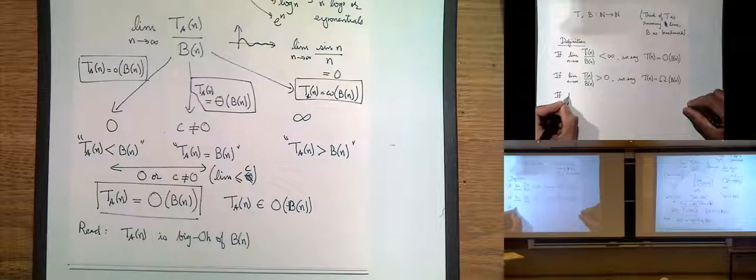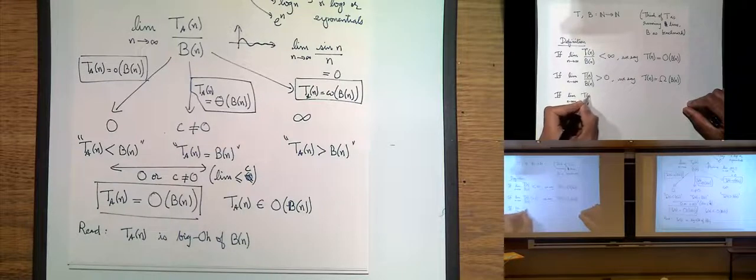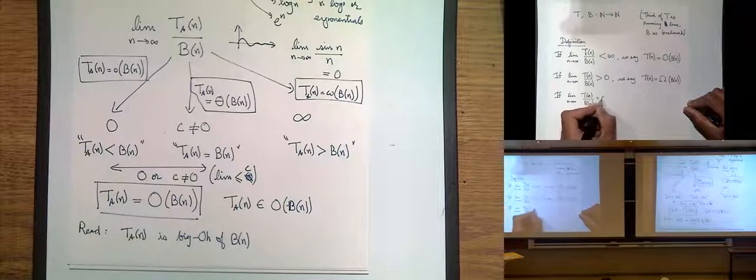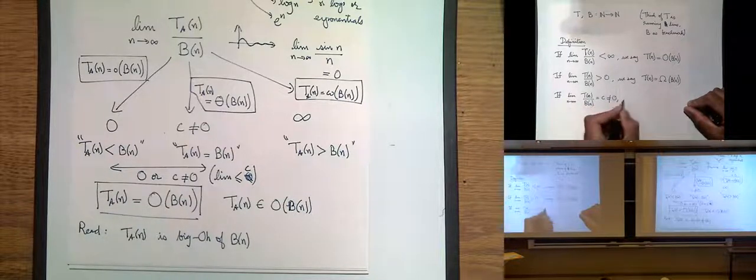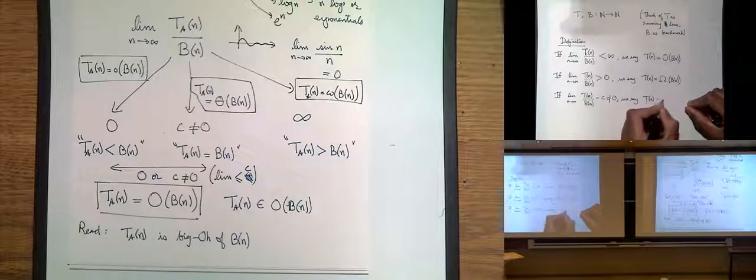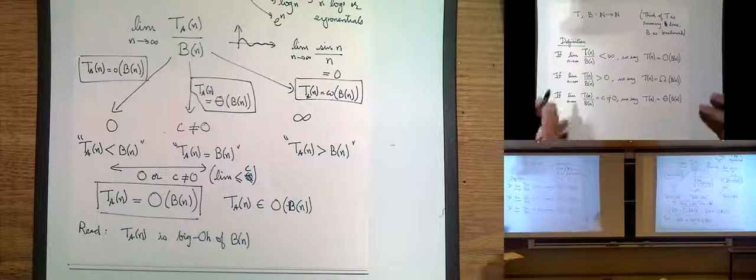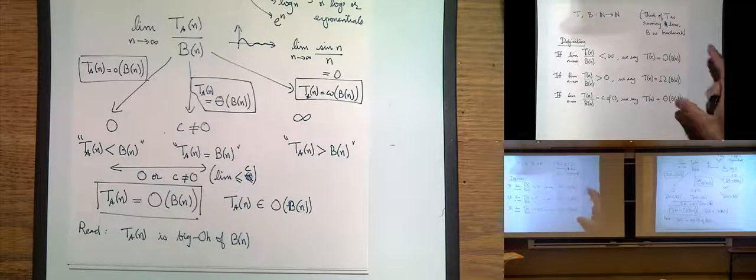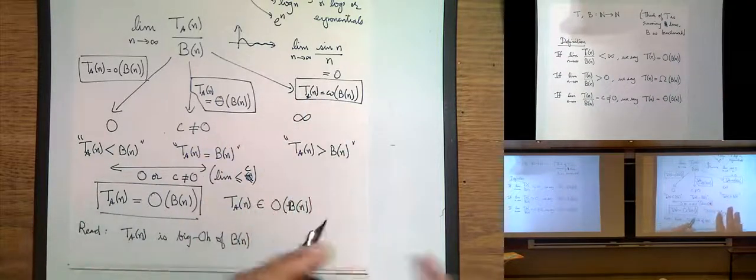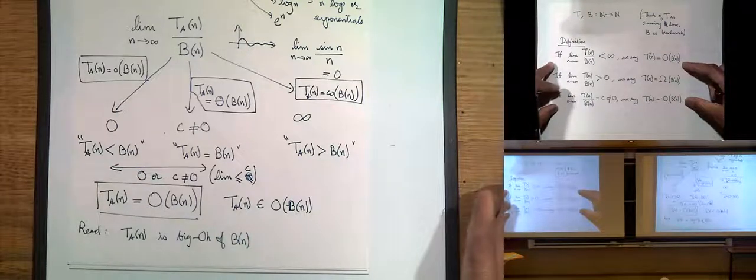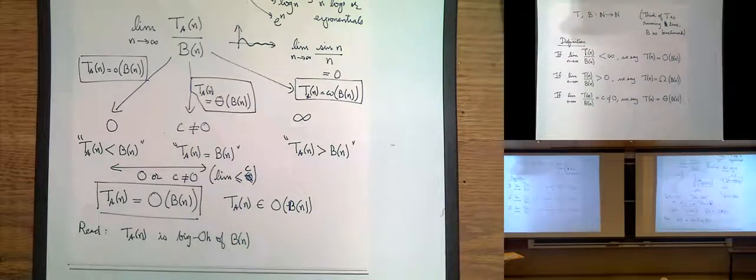And if the limit as n goes to infinity of T of n divided by B of n is a constant which is not equal to 0, then we say T of n is big theta of B of n. This is what you need to remember. All of these pictures are there to help you, but this is the definition. Again, the definition is for when the limits exist, but we will always assume that the limits exist.